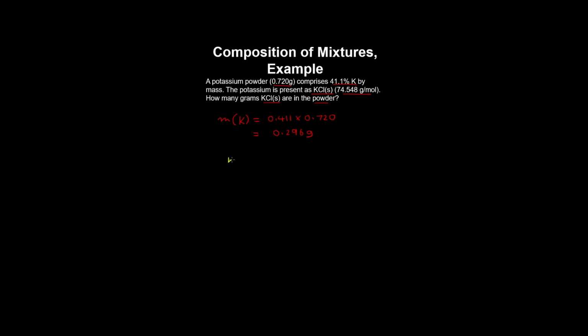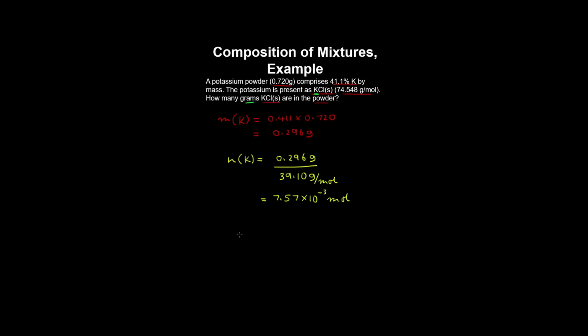And then we need to convert this into a number of moles of potassium, which is the mass of the potassium over the molar mass of potassium, which we can obtain from the periodic table. And we can see that 1 mole of potassium chloride has 1 mole of potassium.